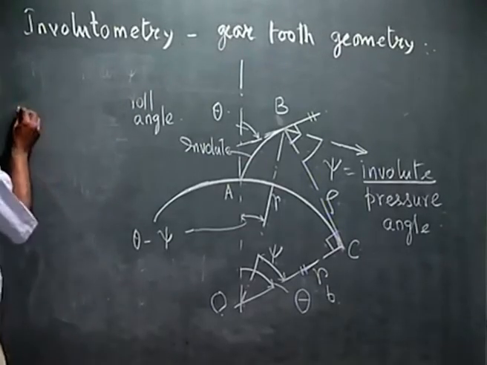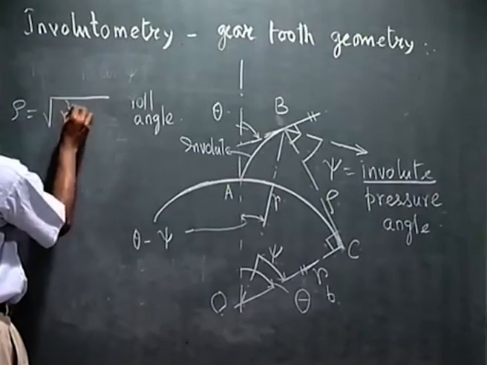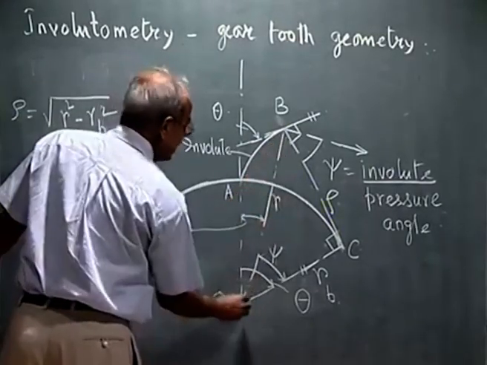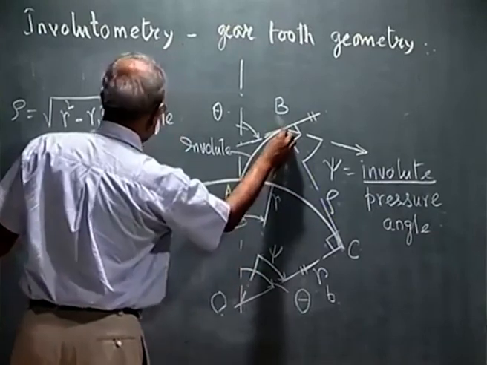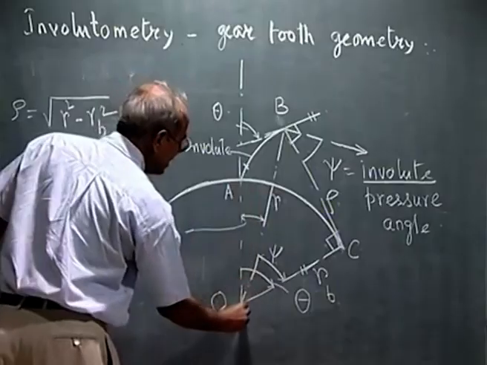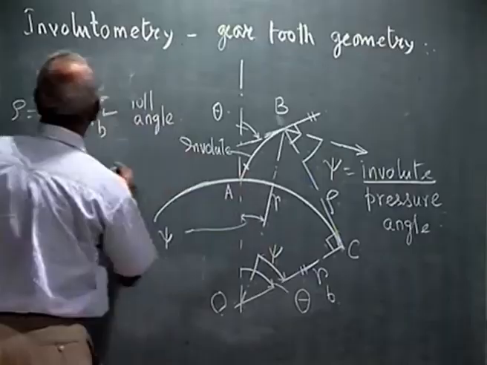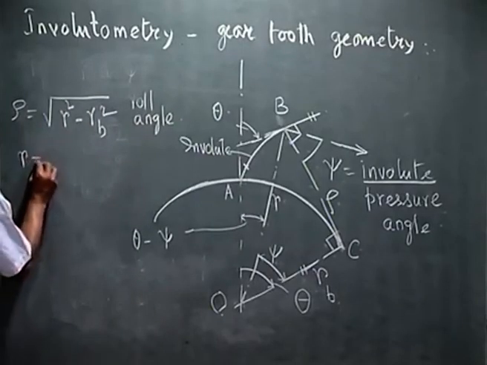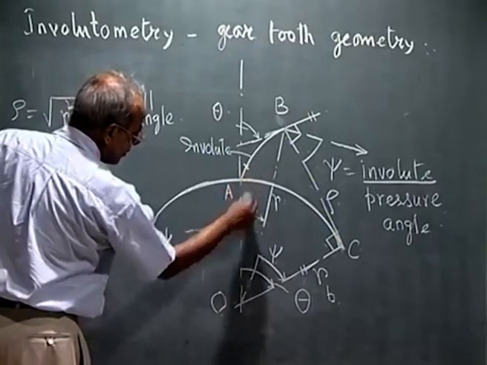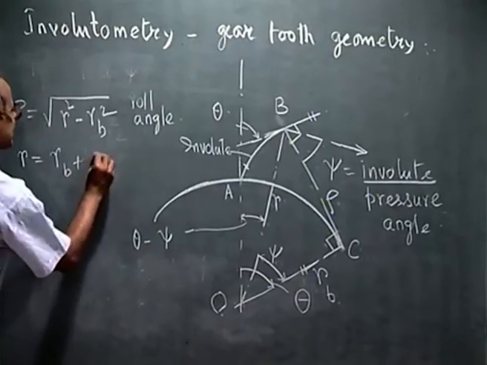We have already got rho equal to square root of r squared minus RB squared, where r is the instantaneous value of this distance. So, if we start from A and go up to some point by changing, initial value of r is RB, and then I go to RB plus delta r.